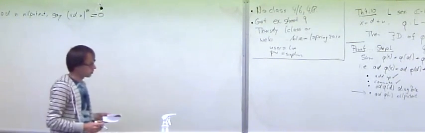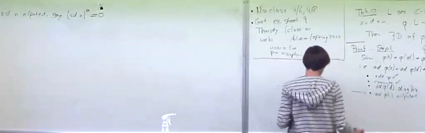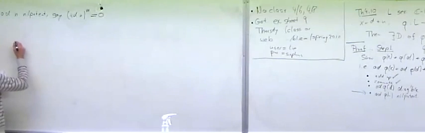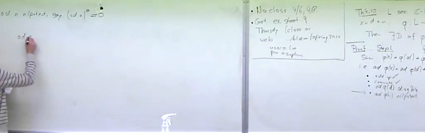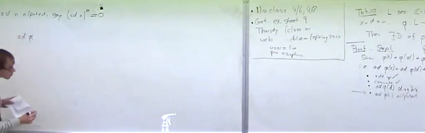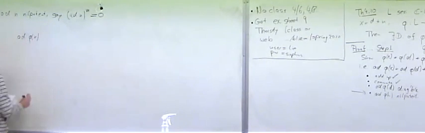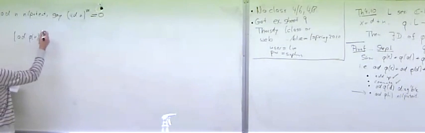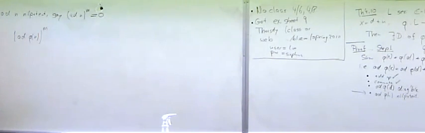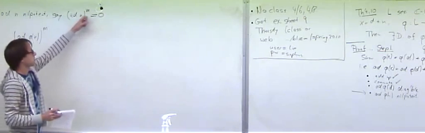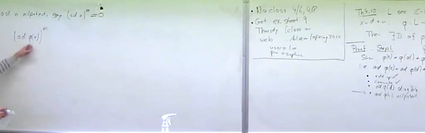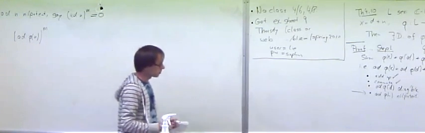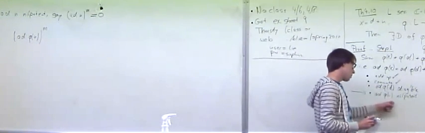So I want to check whether ad phi of N is nilpotent. So I have to apply ad phi of N several times. So we'll just try with the same m. In another application we had to double the m, but let's try whether the same power will annihilate every vector here. So we want to show that this operator is nilpotent.